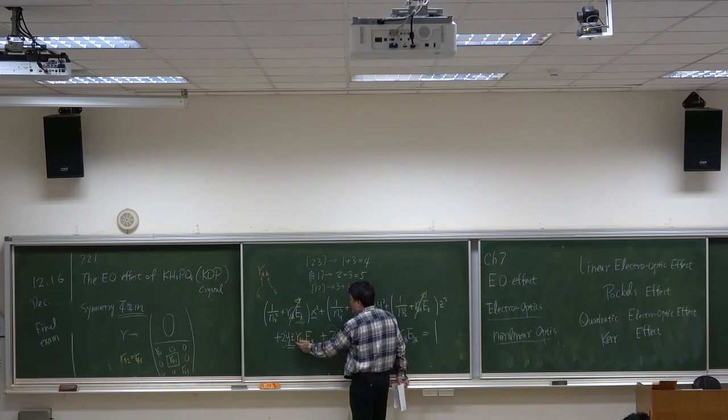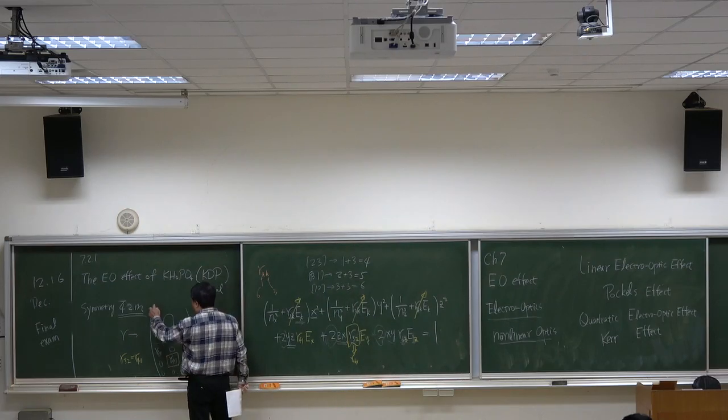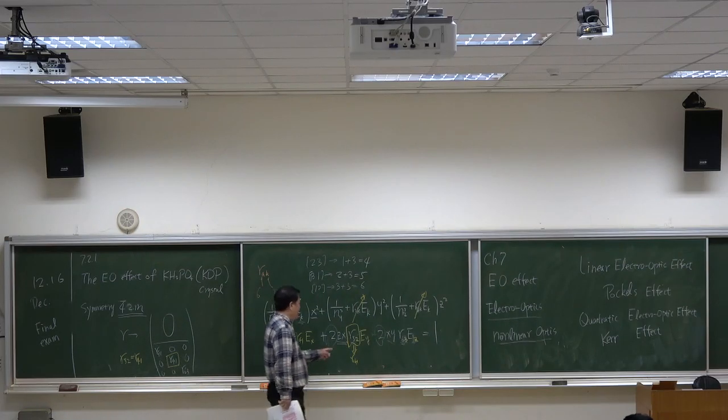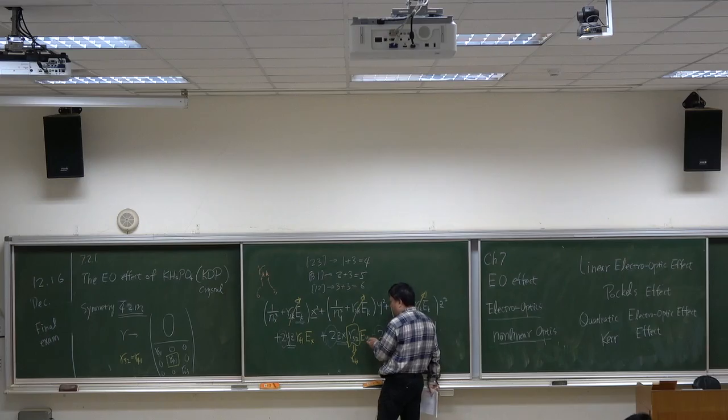Here we have R41 times Ex, and R52, taking a value equal to R41, times Ey, because now Ey follows this index 2.